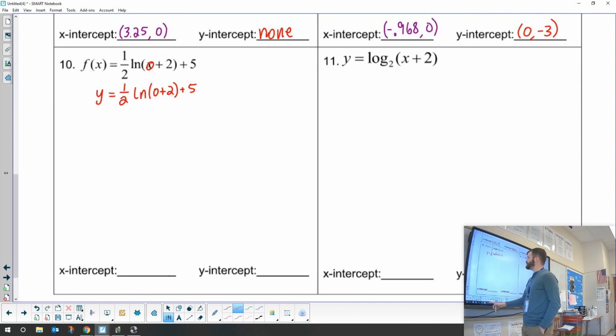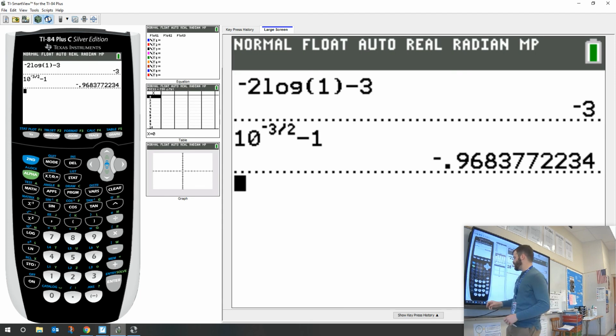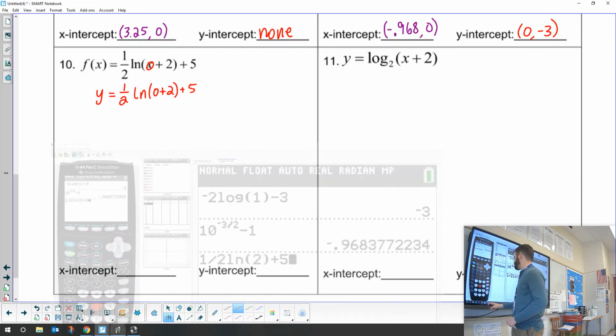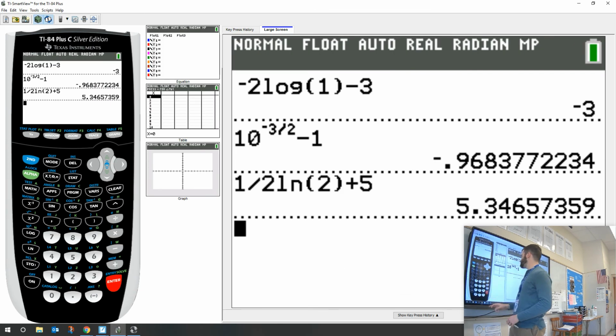So I'm going to plug this into my calculator as 1/2, 1 divided by 2, times the natural log of 2 plus 5. Okay, hit enter, and we get an answer of 5.3465.